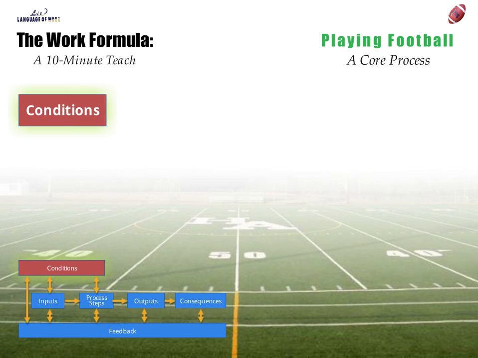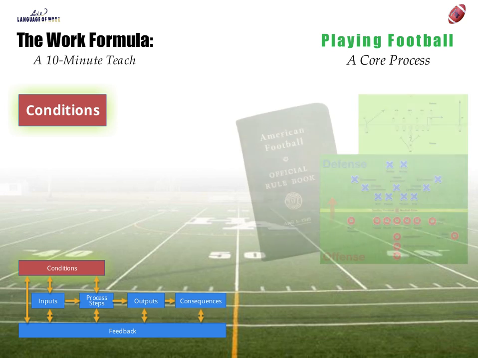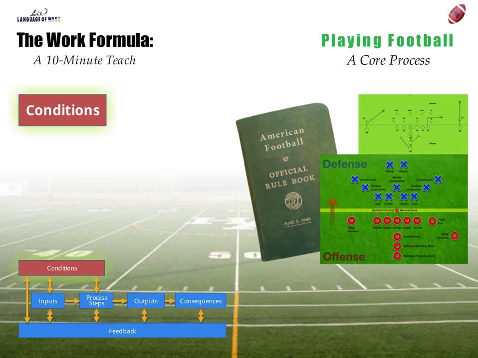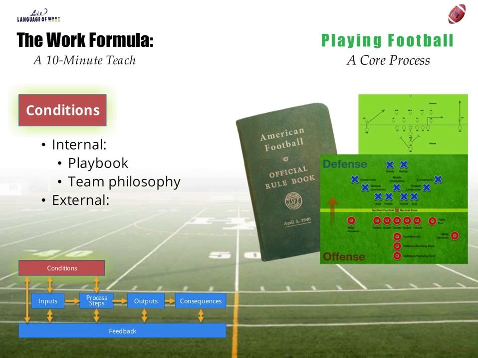Next are the conditions of work. These are simply the rules and regulations that must be followed in doing work. Another word for conditions is governances. Usually, there are both internal and external conditions. In football, the internal conditions are the playbook the team employs and its philosophy of being a running or passing team or both.